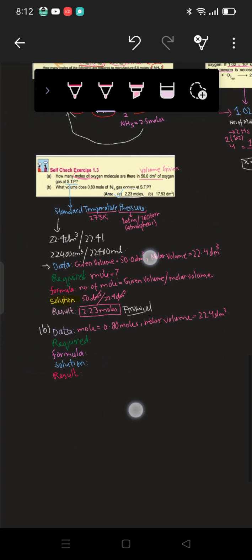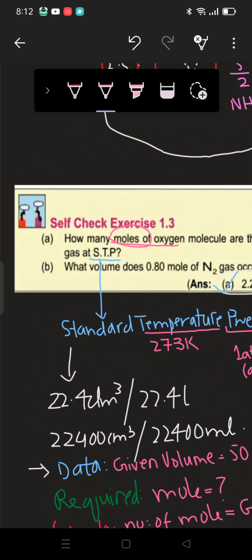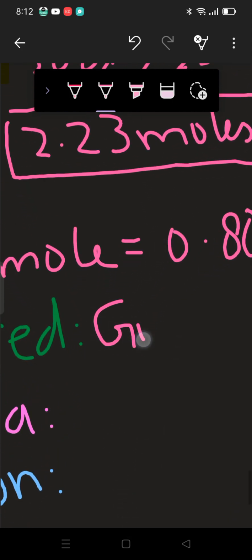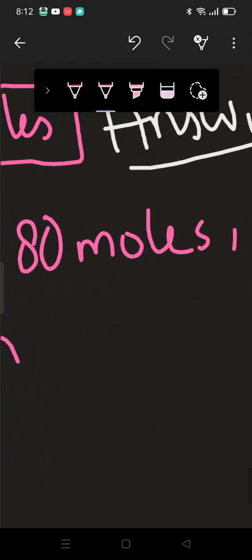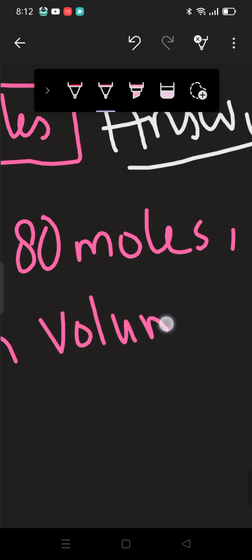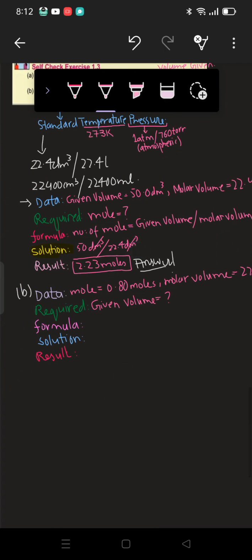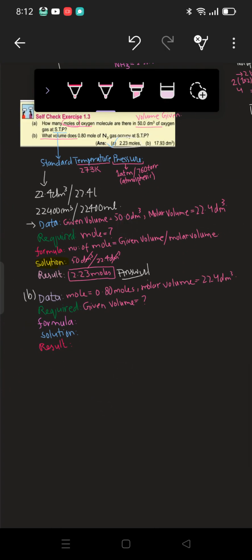Secondly, we need to write the required value. What is required? What have they asked us to find? What volume does... which means they have asked us to find the given volume. We need to find the given volume. Now we need to generate a formula for it. Basically, the moles are given, the given volume we need to find, and the molar volume we already know.